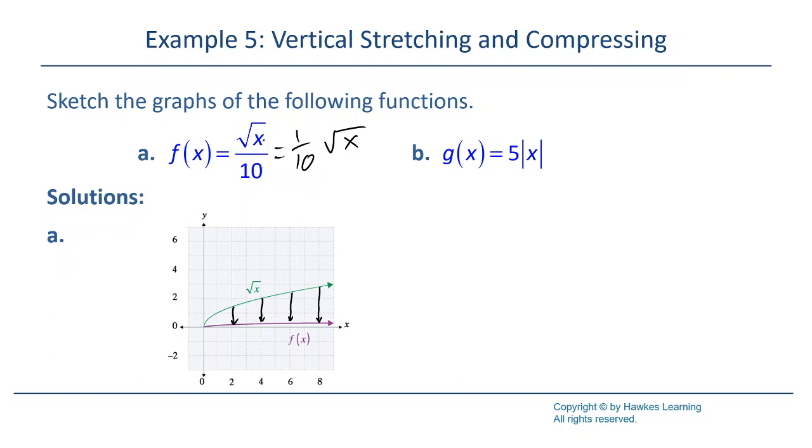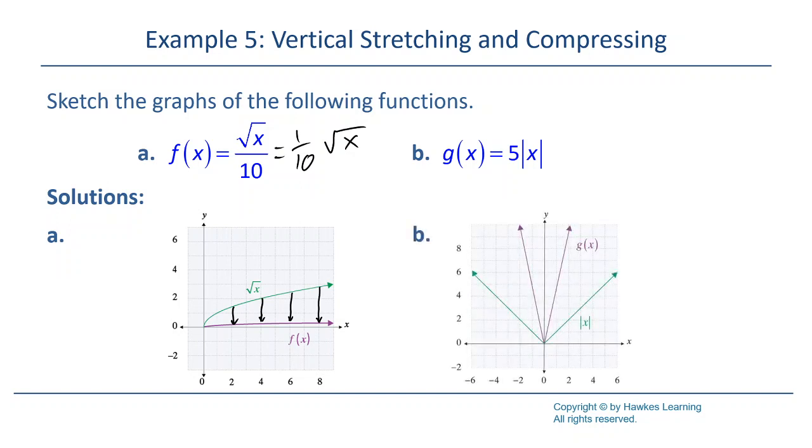Now I'm going to have to plug in x is 100, which is going to go way off the screen to even get to 1, because the square root of 100 is 10. Then you divide it by 10, that gets you 1. So just dividing this by 10 has drastically shrunk this equation, versus multiplying it by 5.